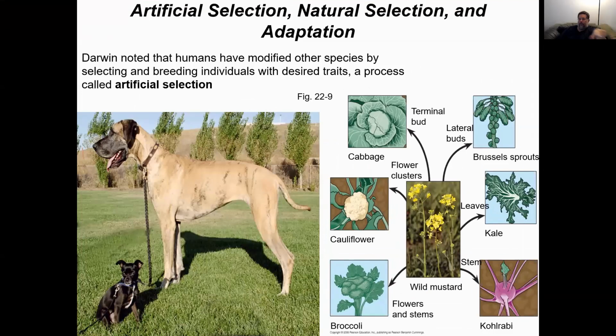For instance, these two breeds of dogs, these extremes, we have here our Great Dane and our Chihuahua, are examples of how we could take a wolf-like animal. The idea is dogs evolved from wolves.